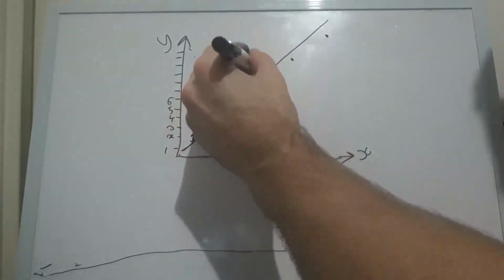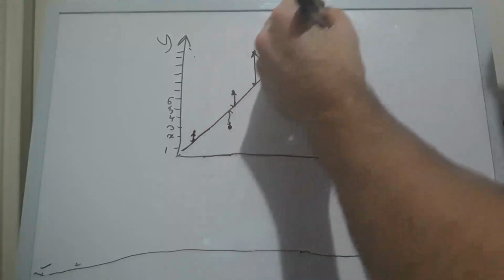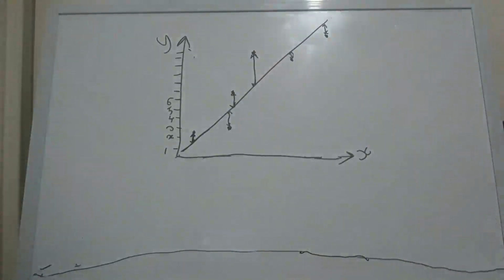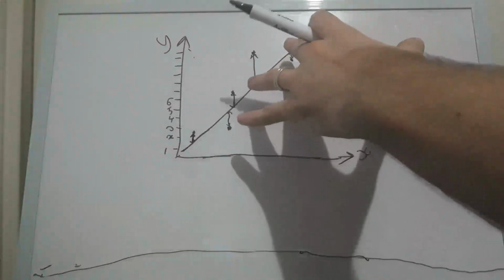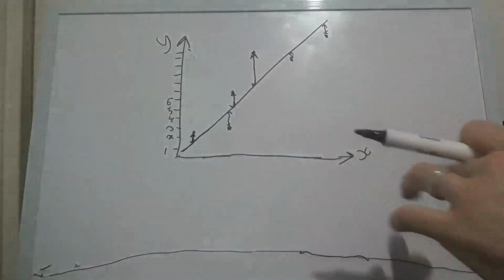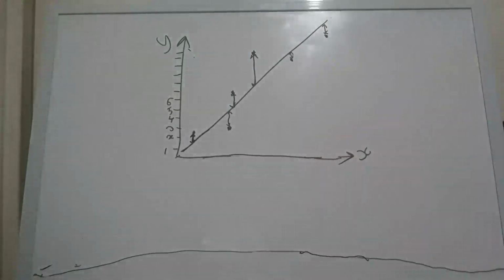This residual could be maybe 4 or 5. Here, a pretty small residual, probably less than 1. Here, about 1 or 2 maybe. So the idea is you want to make a line that is angled just the right way and shifted up and down just right, so that when you add all these together, the sum is as small as possible.